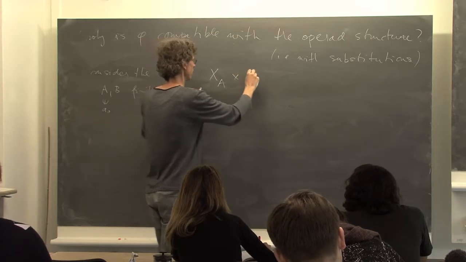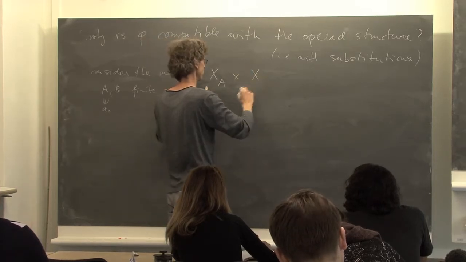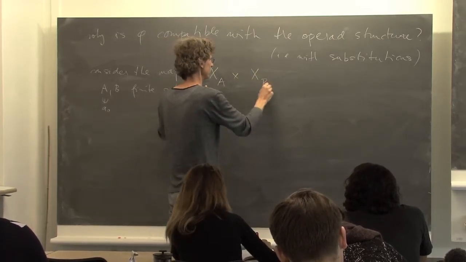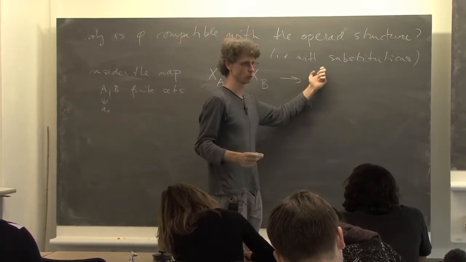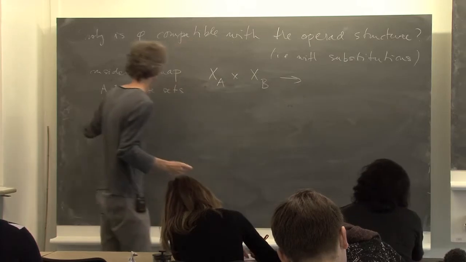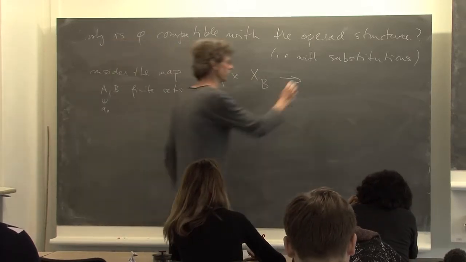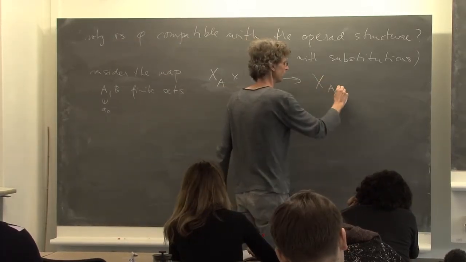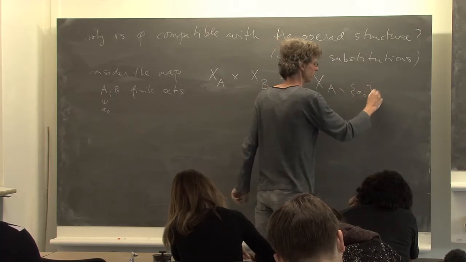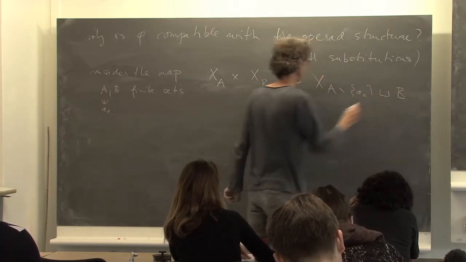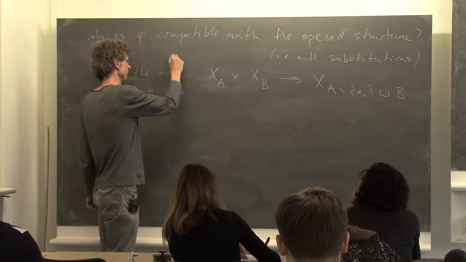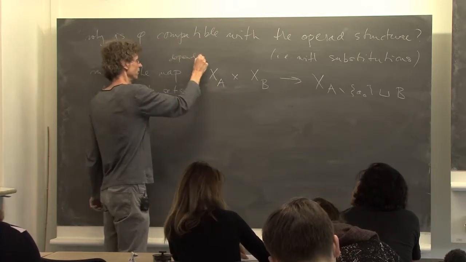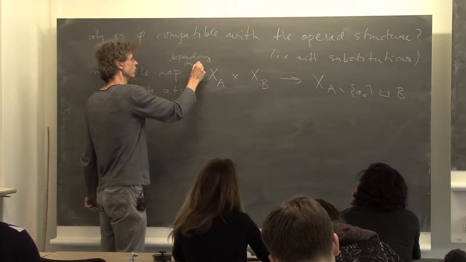The map is going from X_A times X_B to configurations where this A0 is replaced by B, so to X_(A minus A0 disjoint union B). The map depends on epsilon.